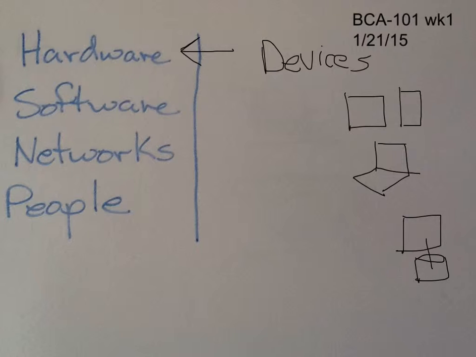We talked then about software. Software makes the hardware work. Software is the key. You'll hear us talk about that throughout the term. Why do some people get an iPhone versus an Android phone, or an Apple tablet?